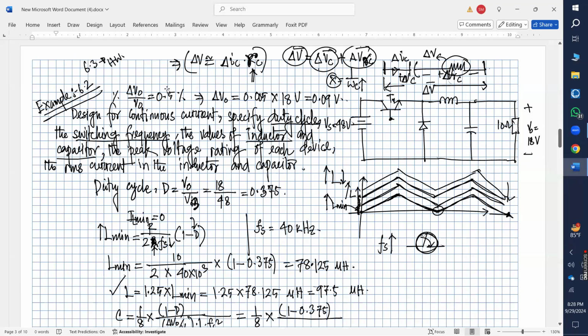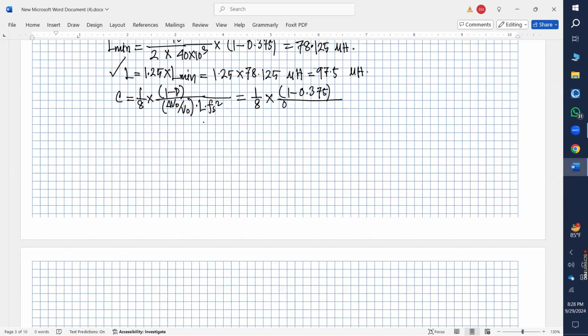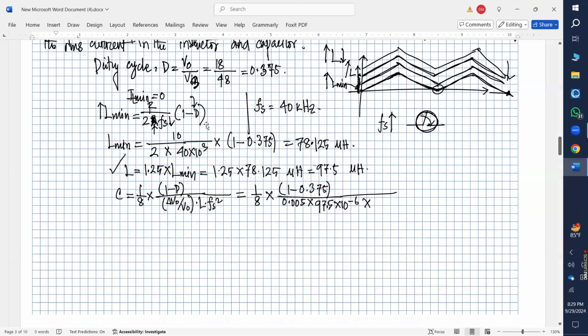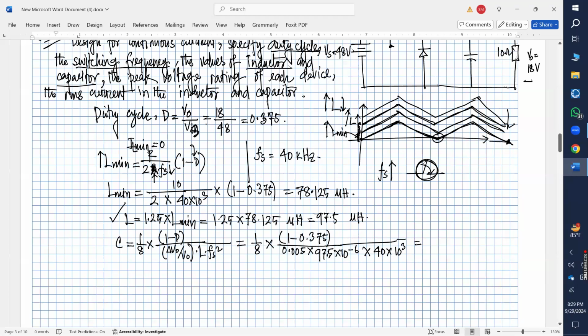In percentage, we got 0.5%, so in actual value it should be 0.005, multiplied by your L value, 97.5 into 10 to the power minus 6, multiplied by your switching frequency that we considered here, 40 kilohertz, so 40 into 10 to the power 3. That gives you 100 microfarad, right?